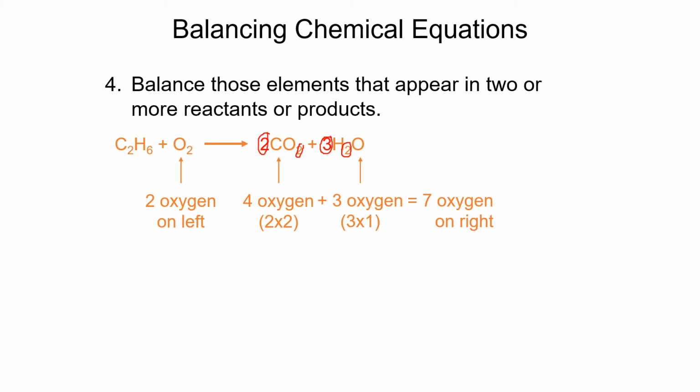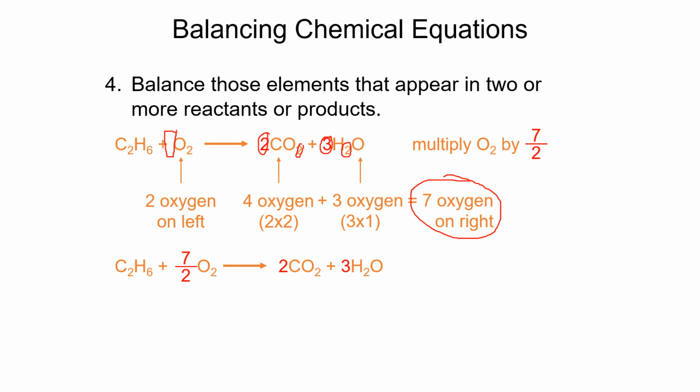So we need a coefficient in front of O2 that will equal 7. So we're going to multiply O2 by 7/2. And when we do that, we will remove that fraction.